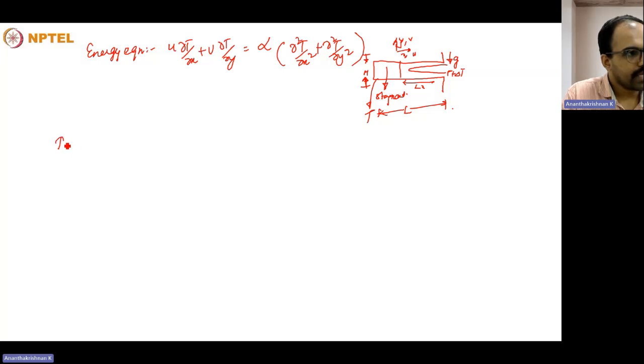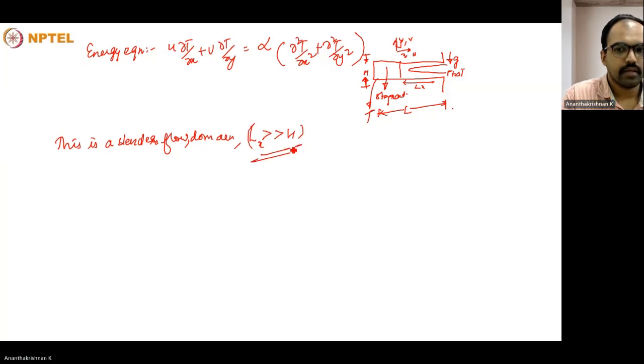So this is a slender domain. That means that Lx is very much greater than h. When we substitute in this energy equation, we can determine the significant terms from the scaling analysis. x will be scaled according to Lx and y will be scaled according to h.